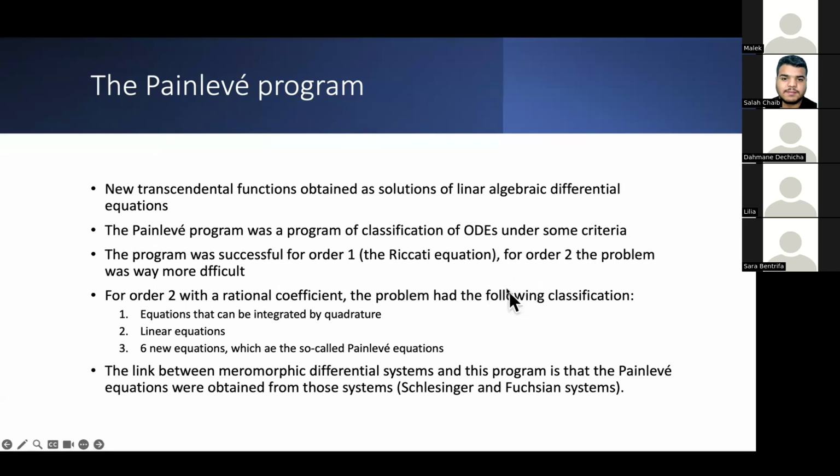So the Painlevé equations can be obtained from systems using the matrix L of Z and the wave matrix psi that I used before. So this is the story behind.